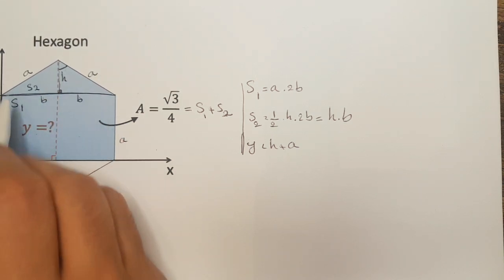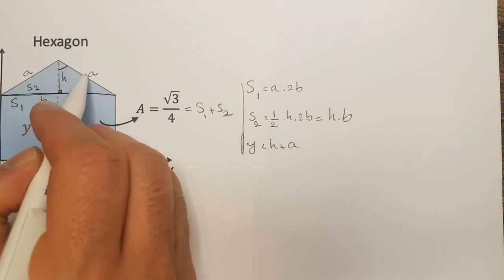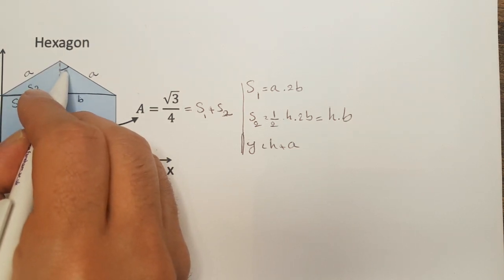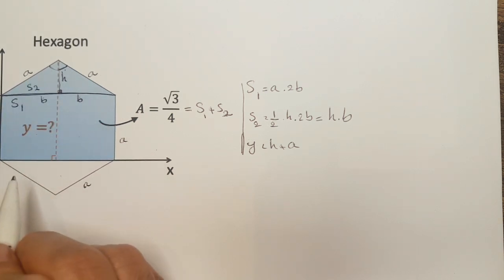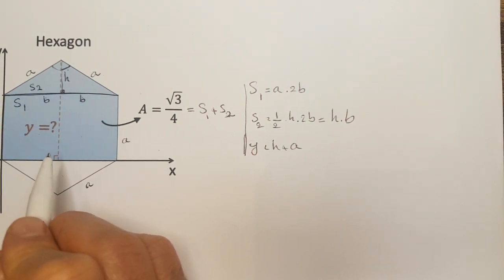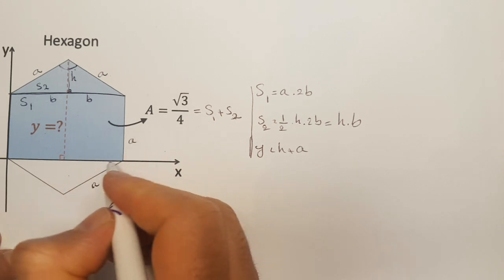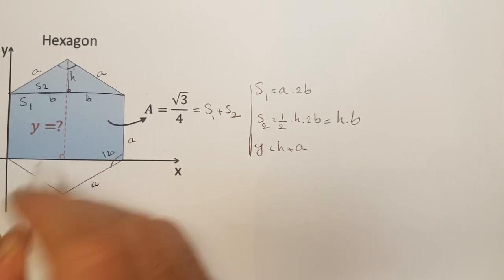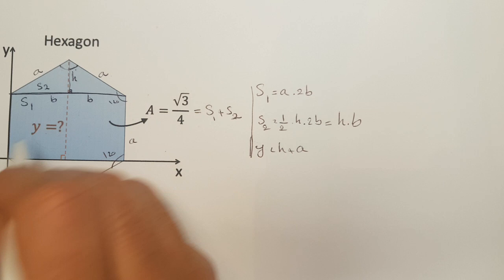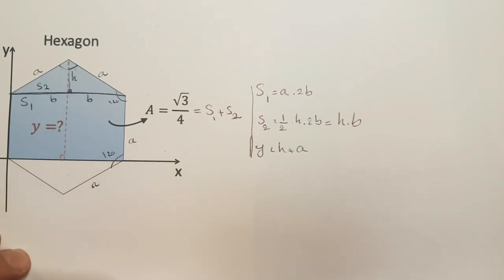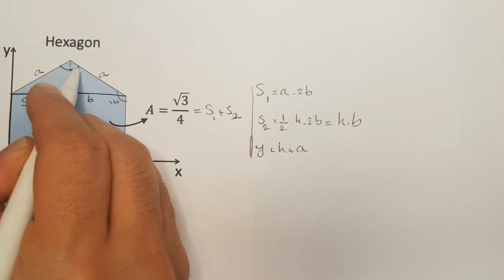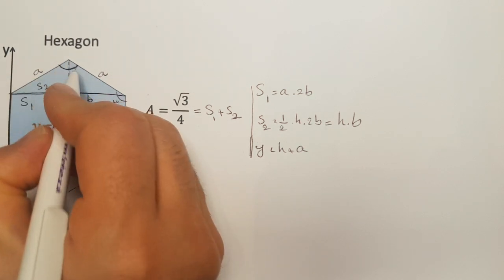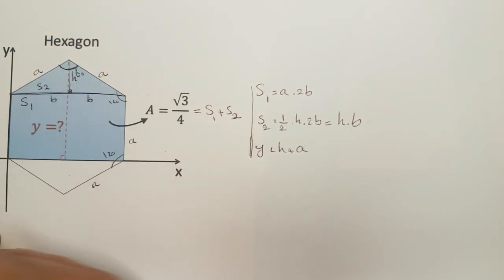As the two sides of this triangle are the same, this angle will be equal to this angle. But we know that in a hexagon, all the individual angles are 120 degrees. So this angle is 120 degrees, since this is a regular hexagon, and half of this will be 60 degrees.